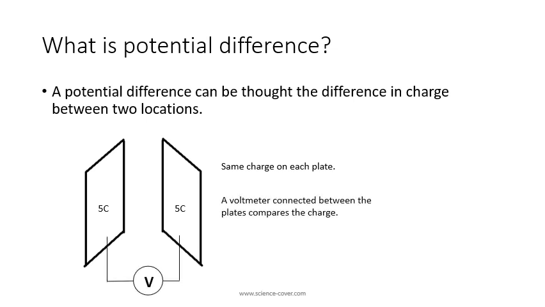If we connect a voltmeter to each plate, the voltmeter will compare the charge difference between them. Since each plate has the same charge, this voltmeter will tell us that there is no potential difference. It will read 0 volts.